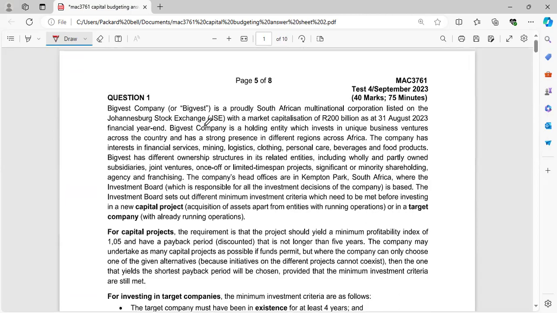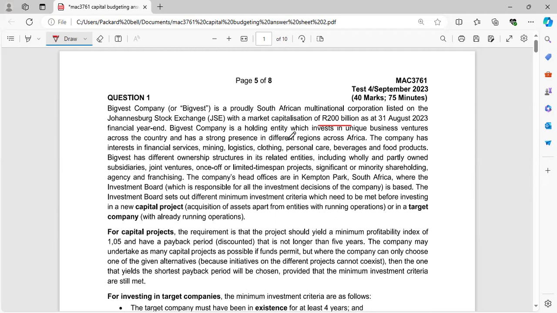So they say Bidvest company is a South African multinational corporation listed on the Johannesburg Stock Exchange with a market capitalization of 200 billion as at 31 August financial year end.